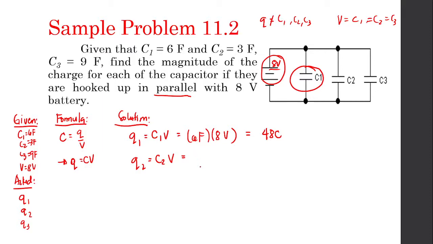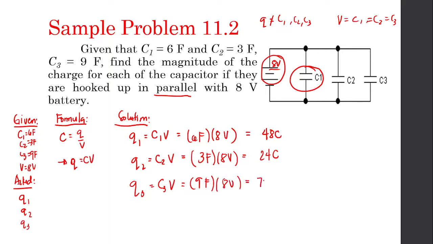The charge for the second capacitance equals its capacitance, 3 farad, multiplied by its volts, which is equal to the voltage of the battery. So 8 times 3 is 24 coulombs. And for Q3, which is C3V, 9 farad multiplied by 8 volts, that is equal to 72 coulombs. So those are the individual charges for each of the individual capacitors.